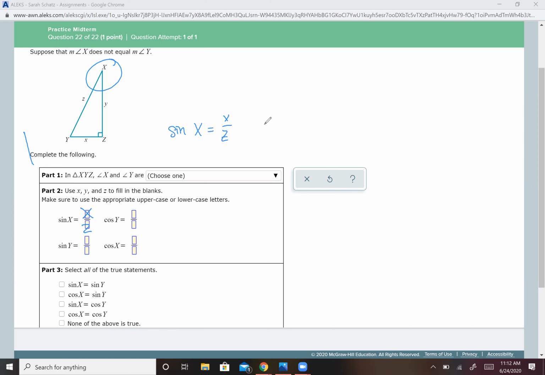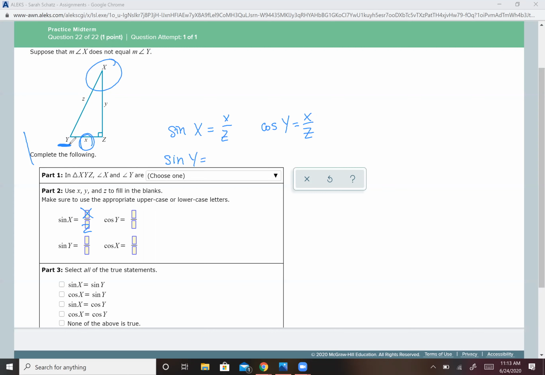Then it wants to know the cosine of Y. So angle Y is down here. What is cosine? It's adjacent over hypotenuse. So the cosine of Y, for Y, X is adjacent. So the cosine of Y is also X over Z. What's the sine of Y?